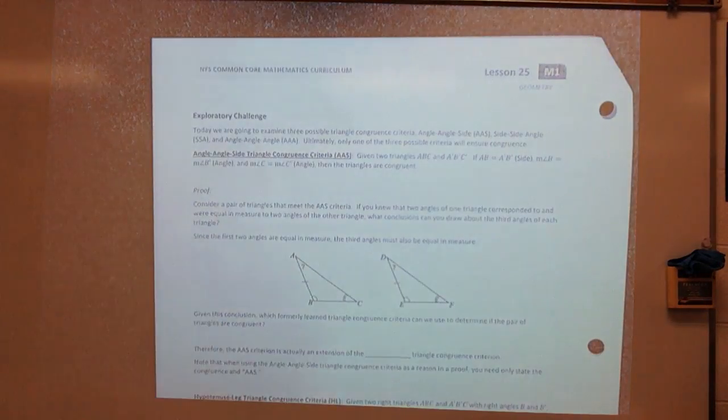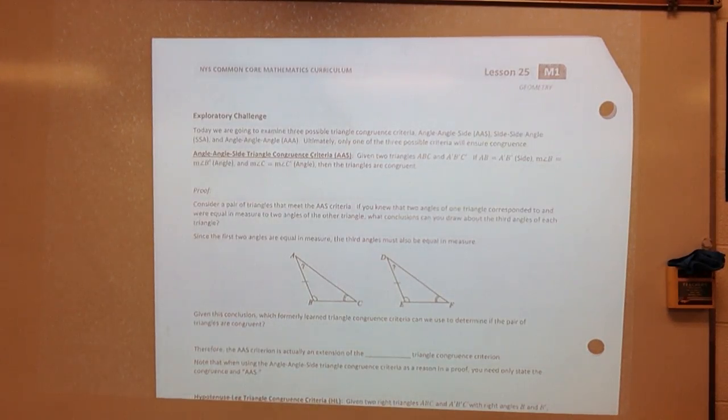All right, so let's look at our exploratory challenge. It says, today we are going to examine three possible triangle congruence criteria: angle-angle-side, or AAS, side-side-angle, or SSA, and angle-angle-angle, AAA. Ultimately, only one of the three possible criteria will ensure congruence.